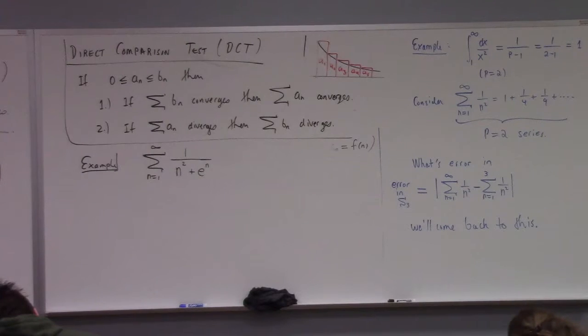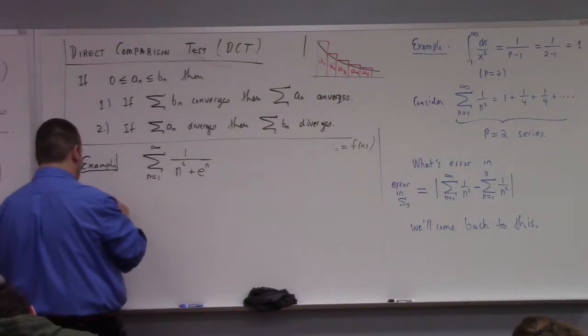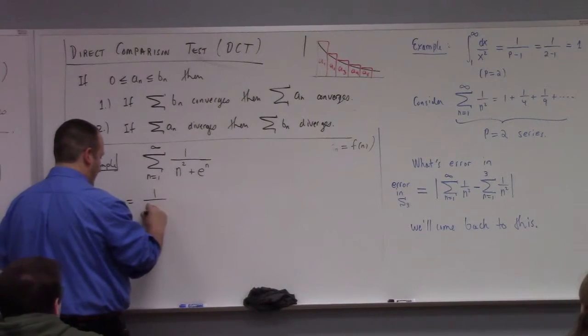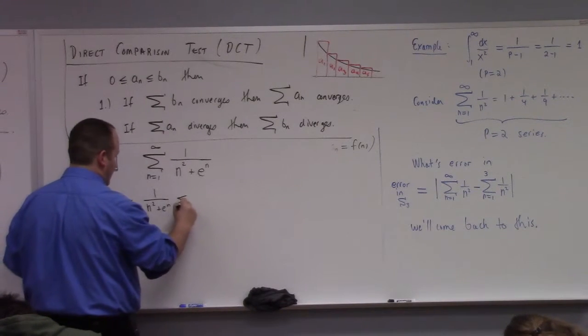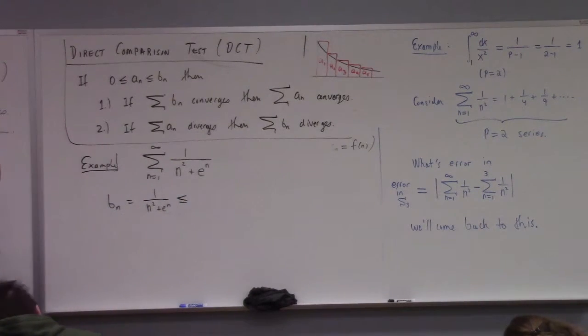I can think of that as being my b sub n, right? And that's less than or equal to what? 1 over n squared. Why does that matter?